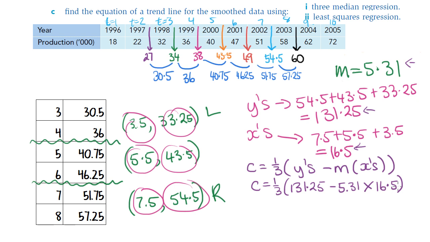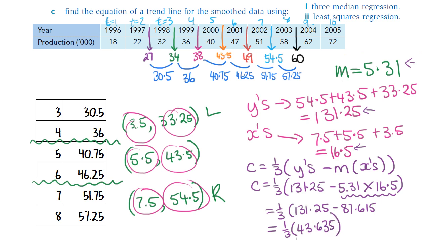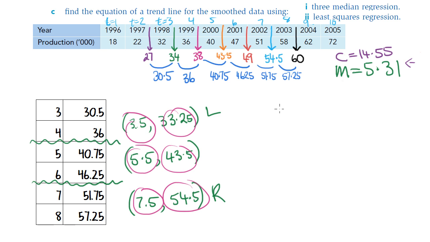Using BODMAS, the first part I need to evaluate is this, which is 87.615. And I'm going to take that away from 131.25. So that's 43.635. Now, timesing that by a third or dividing by 3, I get 14.55. So the c is 14.55.